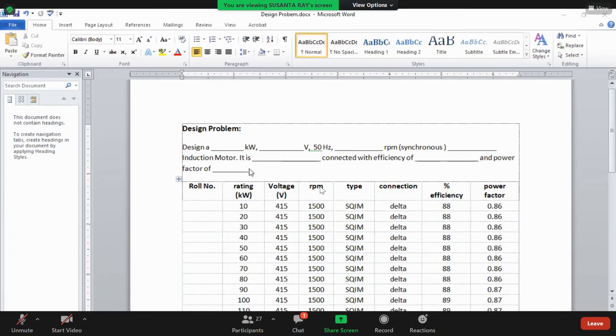So we can write down here the lagging. Okay, so are you writing?